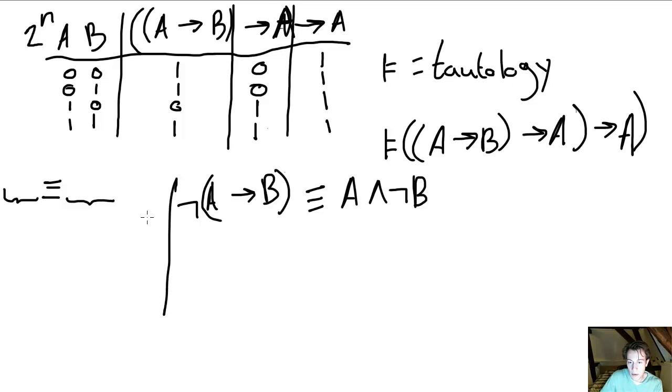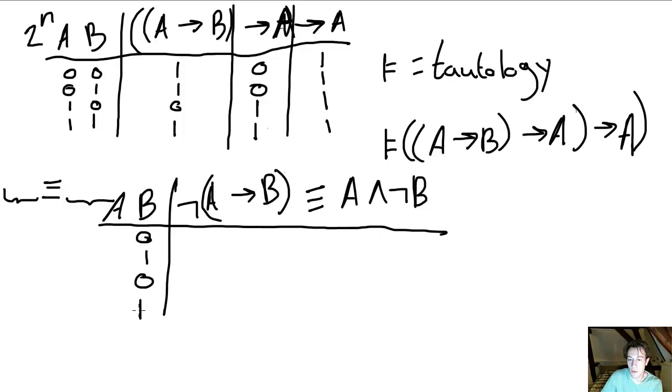Well, we'll just make a truth table. So we got A and B over here, 0, 1, 0, 1, 0, 0, 1, 1. So A arrow B is always 1, 1, 0, 1. But because it's inverted, you get 0, 0, 1, 0.